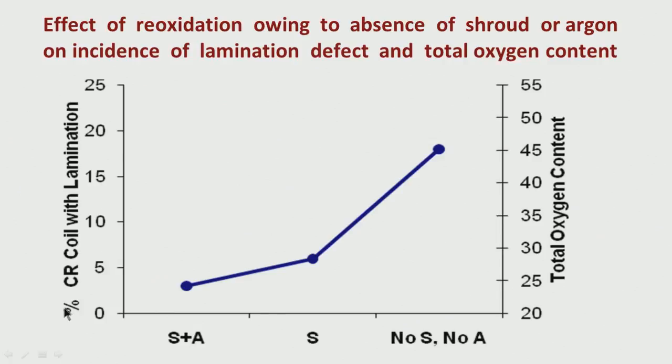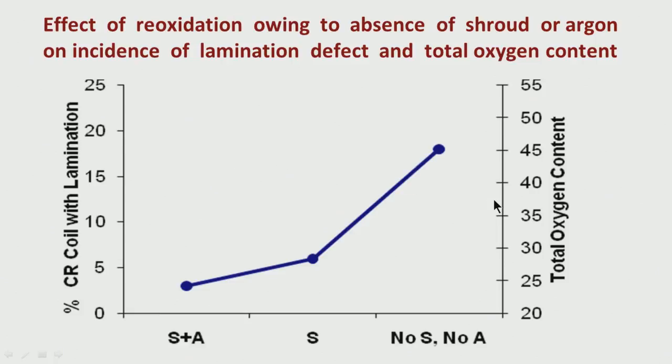Now, on this side I have shown that if we have a higher amount of total oxygen, the final CR, the cold rolled coil, whatever final product we are producing, will have lamination type of defect, which is generated from the alumina inclusions.